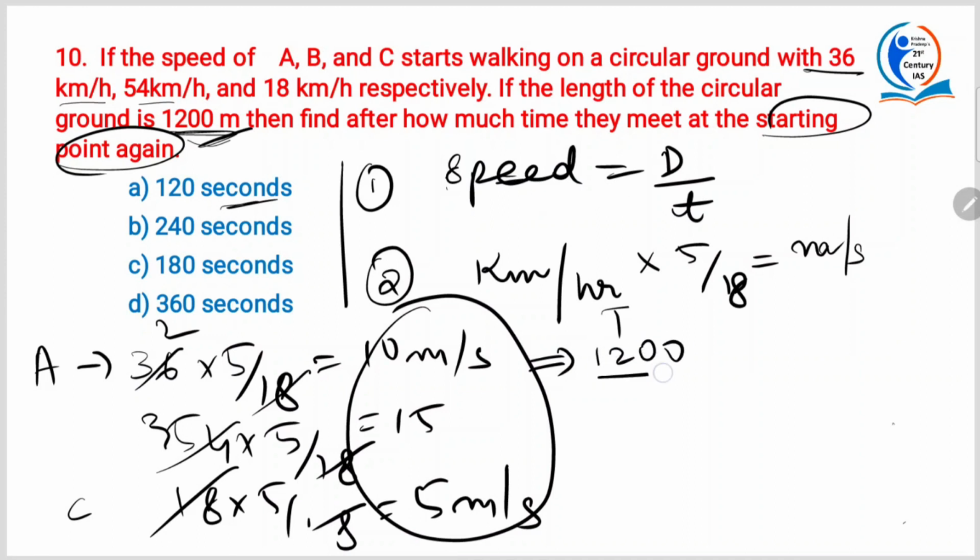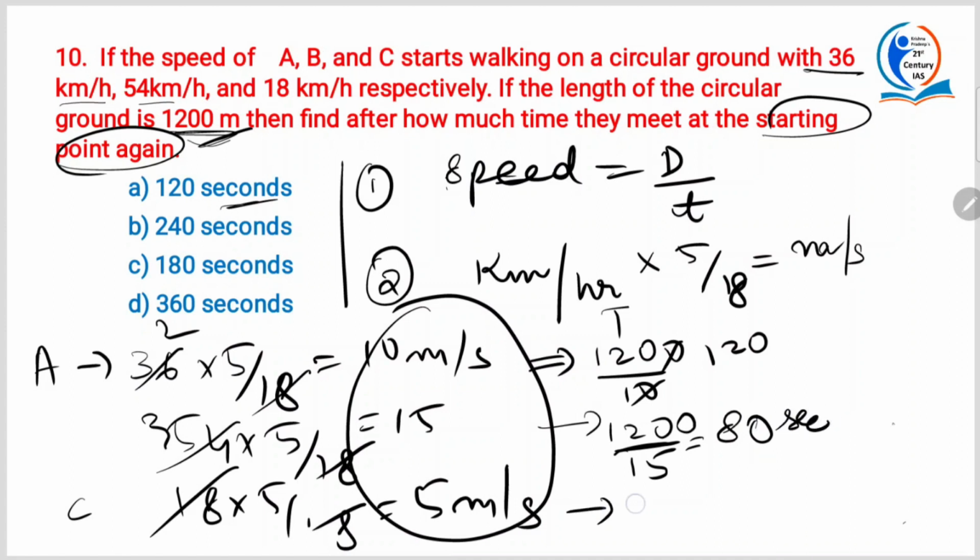Now 1200 by 10 is 120 seconds, sorry. And here it is 1200 by 15, which is 80 seconds, and the other one is 1200 by 5, that is 240 seconds.